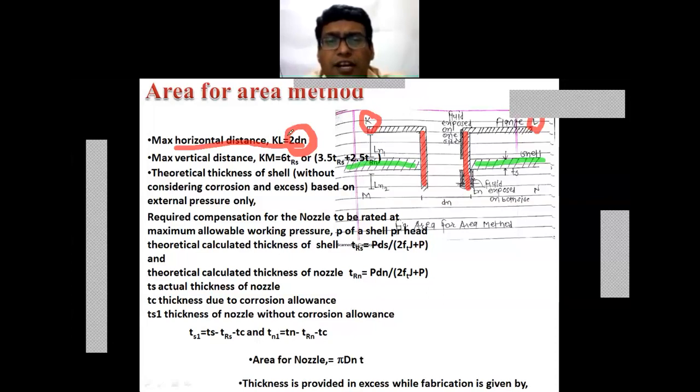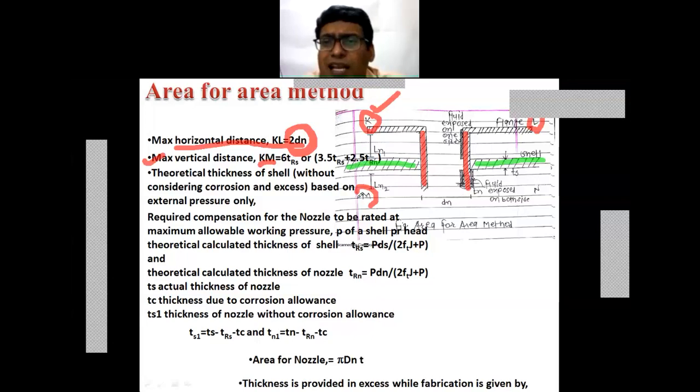Then the second requirement for the self compensation limit is the maximum vertical distance, which is associated with KM. This is again the K and M is this.